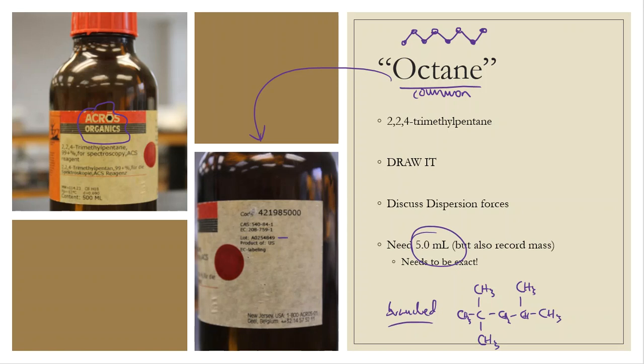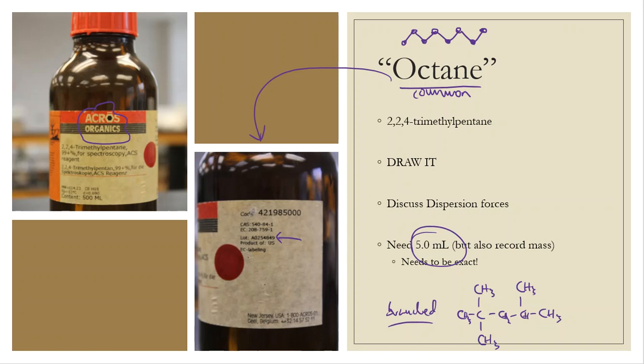Maybe a little bit smaller for you to read. I'll go ahead and call out the lot number to you, though. It's A as in apple, and then 0254849. So that is going to be the lot number for the 2,2,4-trimethylpentane. That's also called octane, so don't get it confused, from Acros Organics.